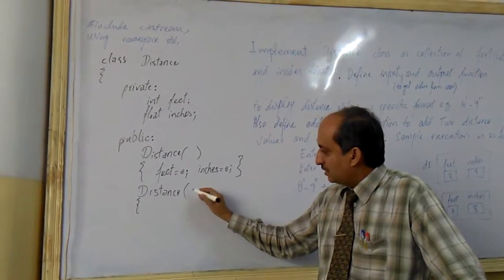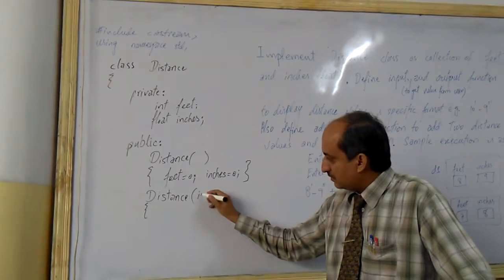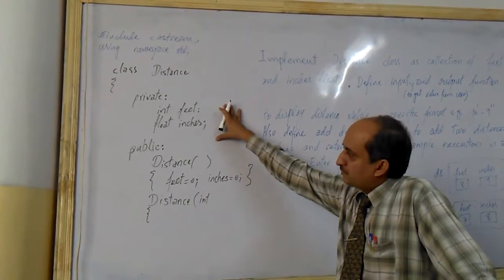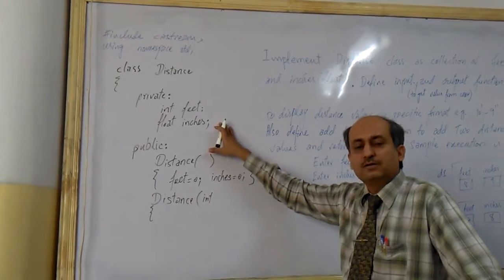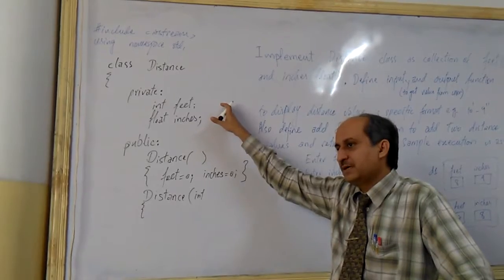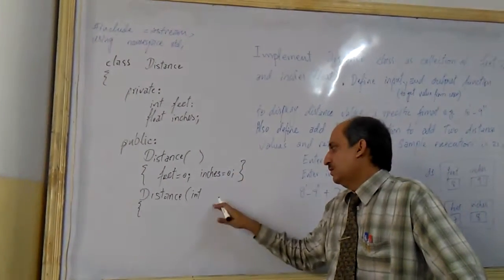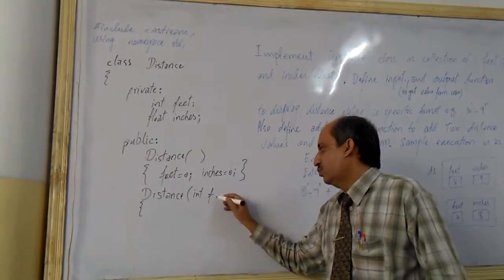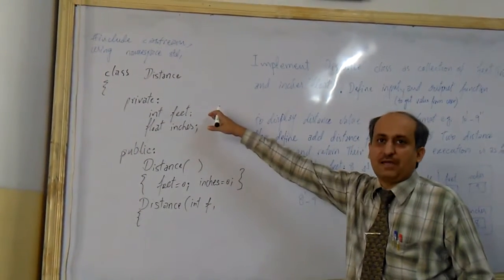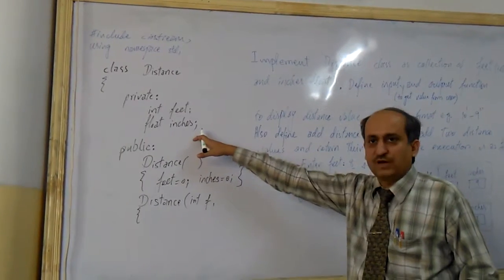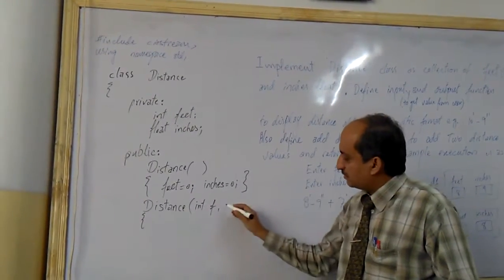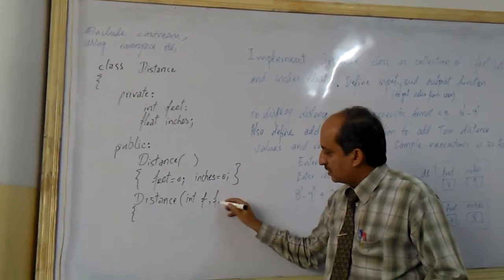How many arguments should I pass to this constructor? Int and float, the number of data members. How many data members are there? Two data members. That's why, in a simple way, I should be passing two arguments to this constructor of exactly the same data types. First is the integer one, second is the float one. Although you may change their sequence, it's better to maintain the same sequence.